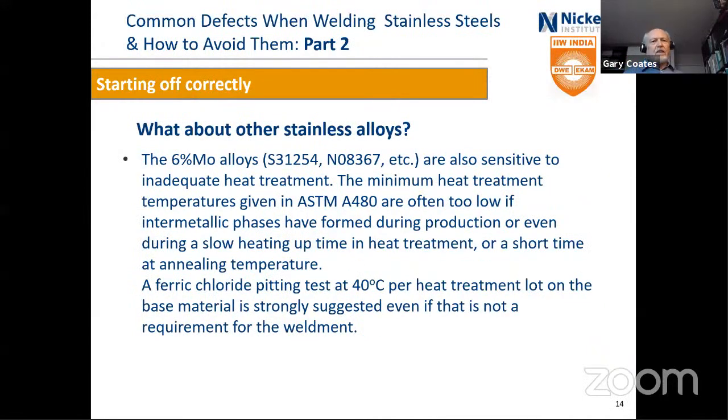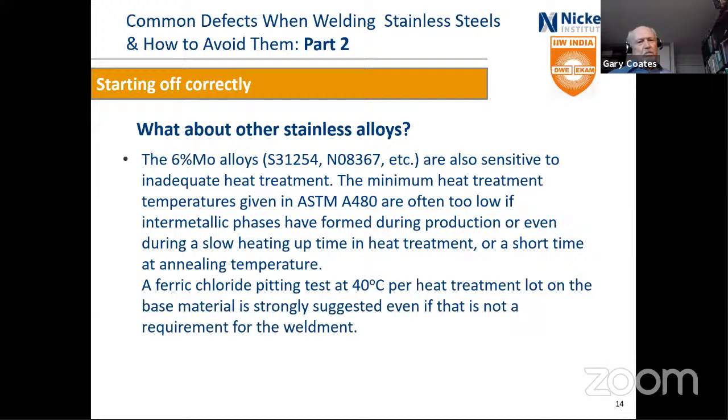Well, what about the other stainless alloys? So 6 Moly alloys, the 254 SMO, AL6XN, 1925 HMO, they're also sensitive to inadequate heat treatment. Maybe not quite as much as the duplex, but they still, if poorly heat treated, will give poor corrosion results.